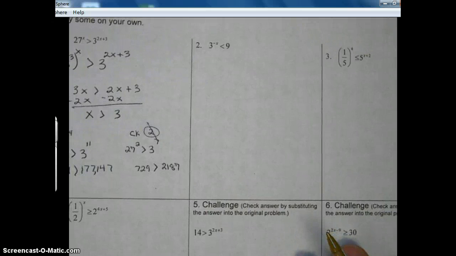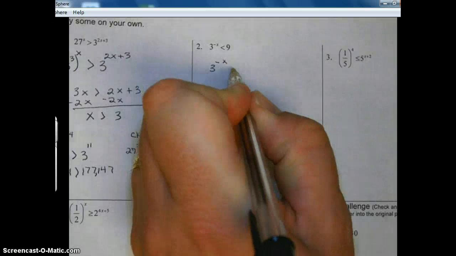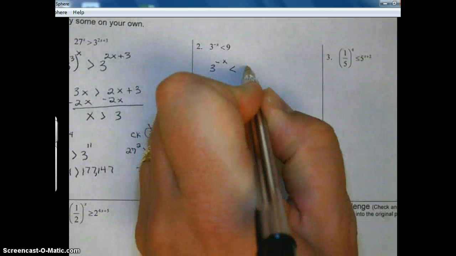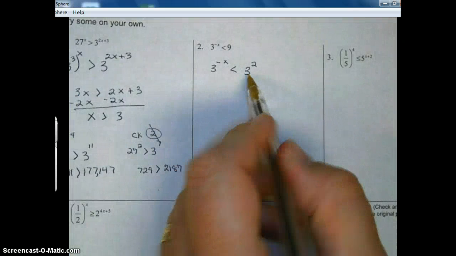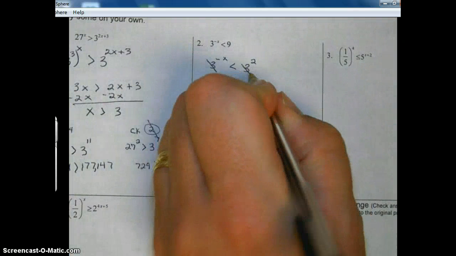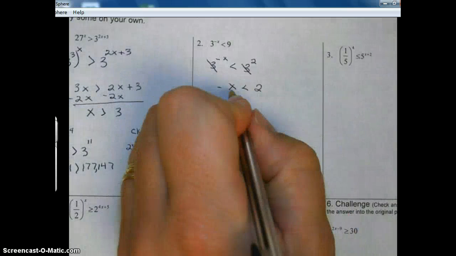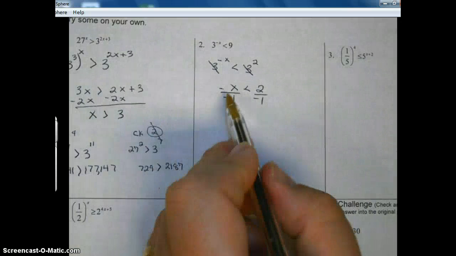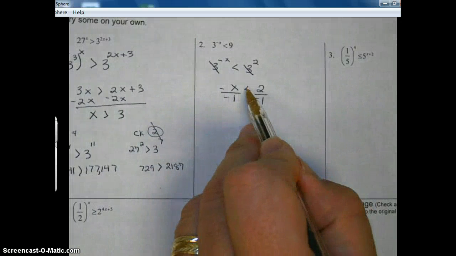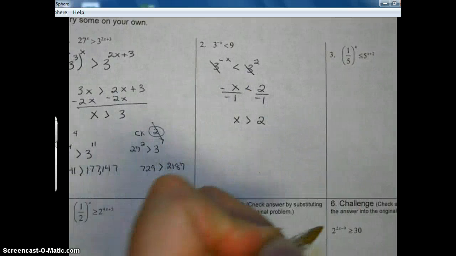Alright, let's take a look at number 2. We have 3 to the negative x is less than, changing to base 3, 3 squared. Canceling out our two bases, we get negative x is less than 2. We have to divide by negative 1. Remember that when dividing by negative, your inequality flips, so we get x is greater than 2.